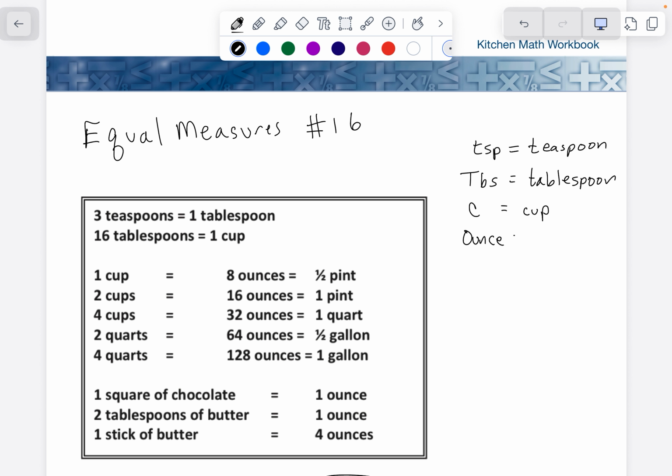A pint, PT. A quart, QT. A gallon, GAL. So feel free as you write that down to use those abbreviations. So pause your video and write those down.